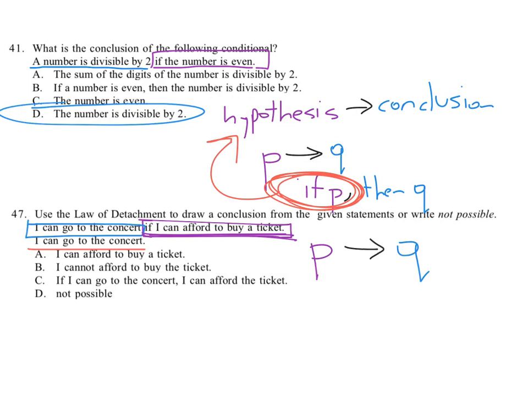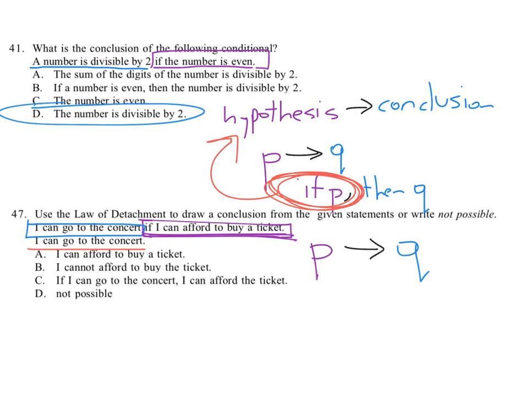Again, the hypothesis has the if going along with it, and that will always indicate the hypothesis. So in law of detachment, you need to have that first conditional statement, the I can afford to buy a ticket part. So what can we get out of this? Well, not possible. We can't draw a conclusion because we weren't given that the hypothesis is true.